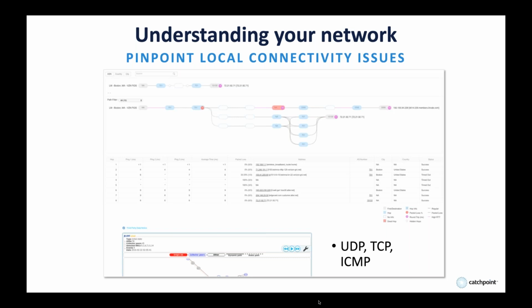So in this particular case, we're doing a traceroute using either TCP or UDP or ICMP, depending on what endpoint you're monitoring, and being able to see how we get there, and during an outage or during a slowdown, are we going through a different path from a network perspective? For example, when things are working well, we're going through Verizon, but when things are not going well, we're going through some other ISP, for example. So being able to look historically at the path that is taken can explain a lot of issues sometimes.